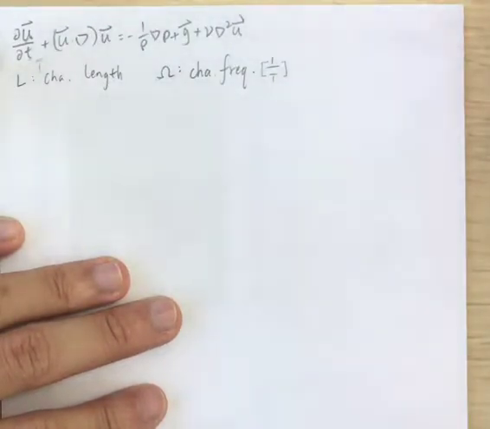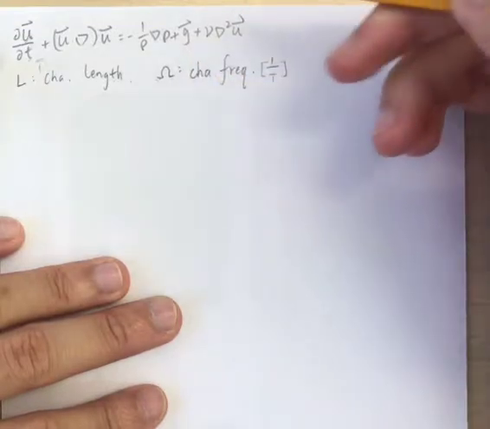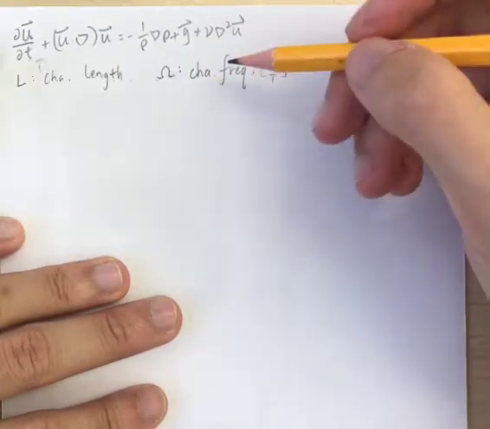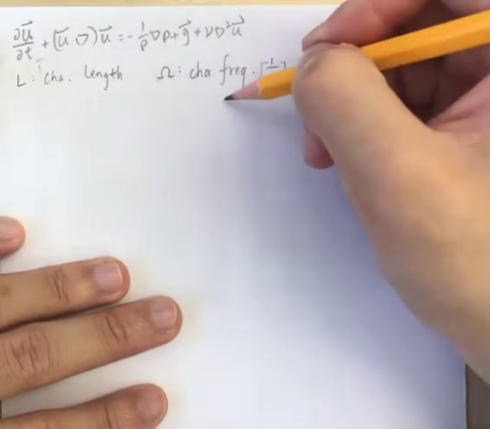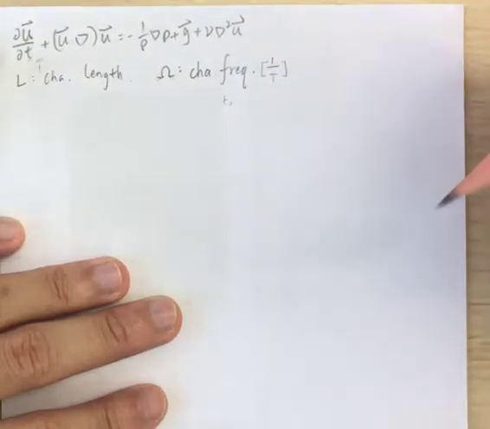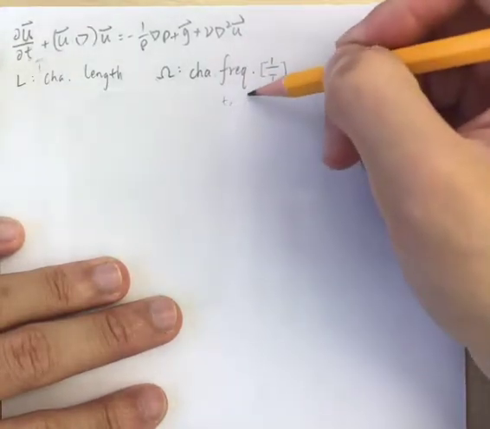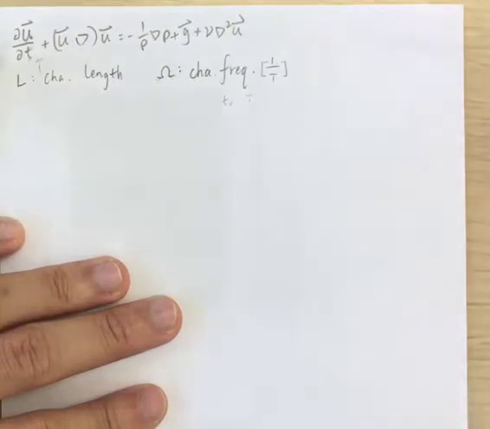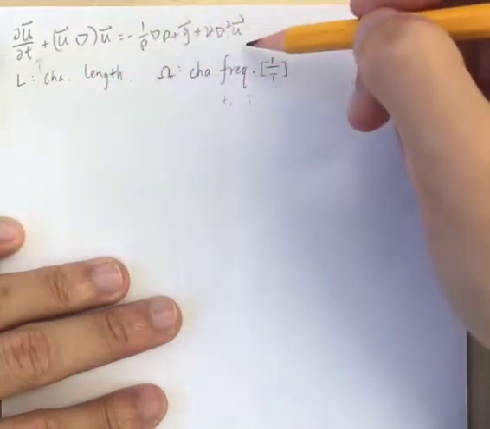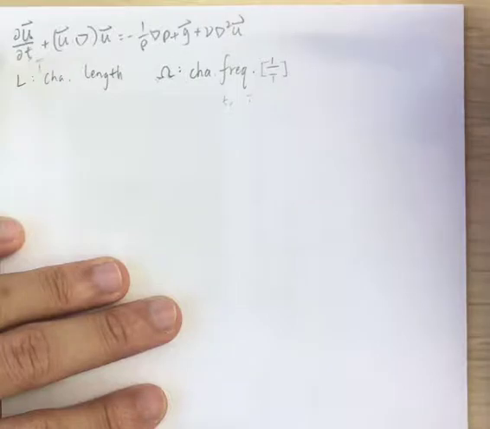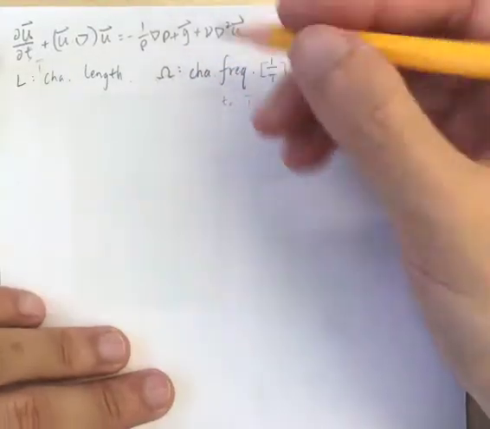But why did we define an omega instead of say characteristic time t naught, which possess a dimension of t, right? This is because by using omega, we can get a more meaningful and more elegant result at the end of the scaling process. Okay, so we choose to use the omega.